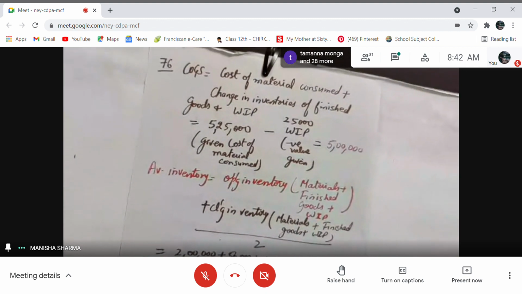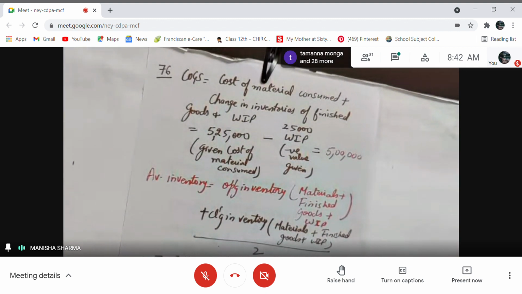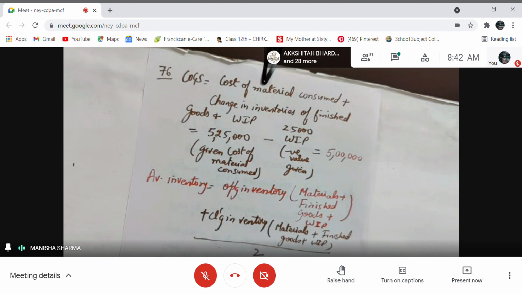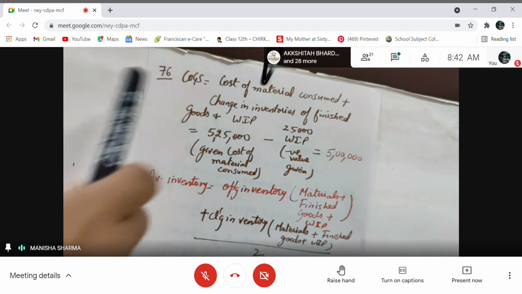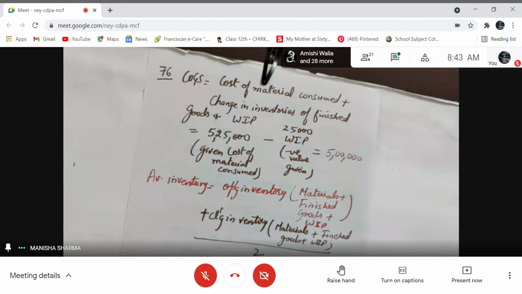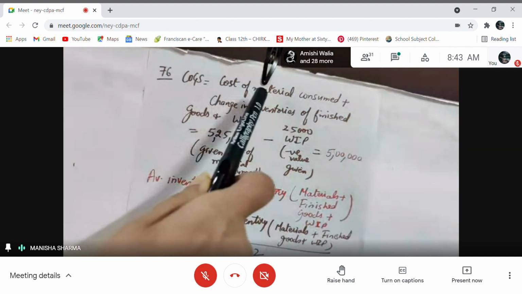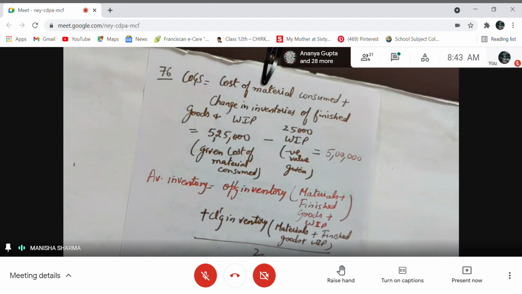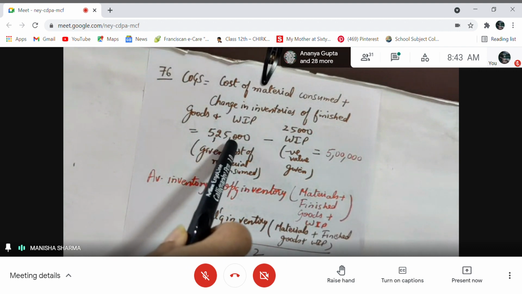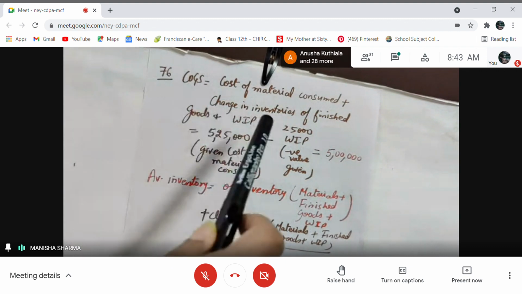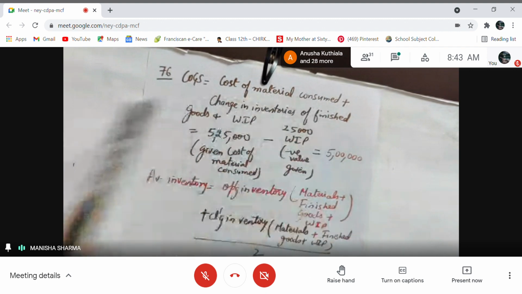Let's see. Come on to again the extract of the statement of profit and loss of Renault Limited, calculate the inventory turnover ratio. Let's see what all is given. I told you the formula for COGS is cost of material consumed. Cost of material consumed is given to be 5,25,000, right? Let's see change in inventory of finished goods.